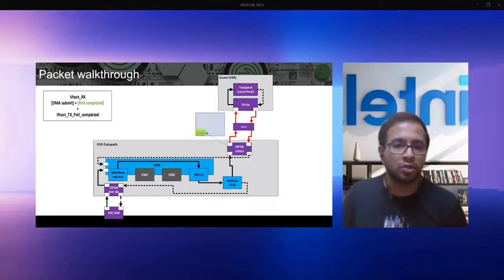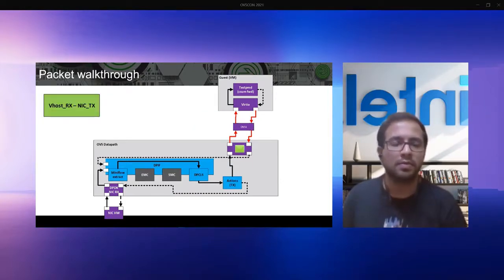OVS then proceeds to check for any DMA completions on the TX interface, but there are none. The green packet is then processed like the first yellow packet and sent to its intended destination, the DPDK5 port.